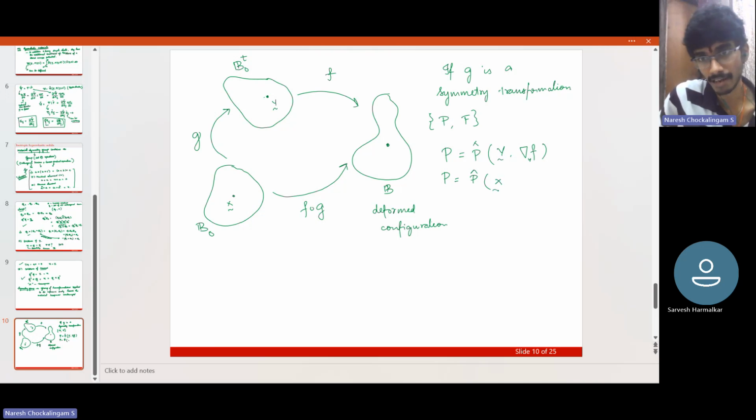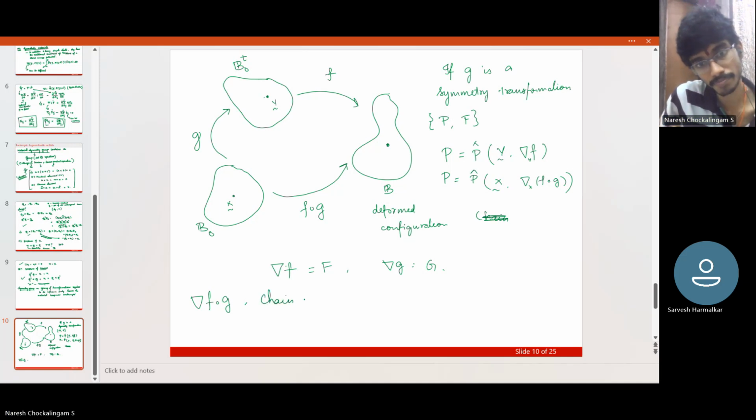It is X, and it is grad of F composition G. So using the chain rule, let us say the gradient of the deformation F is capital F, and the gradient of the deformation G is capital G. Now we are doing a composition. So the grad of F composition G, using the chain rule, is nothing but Fg.